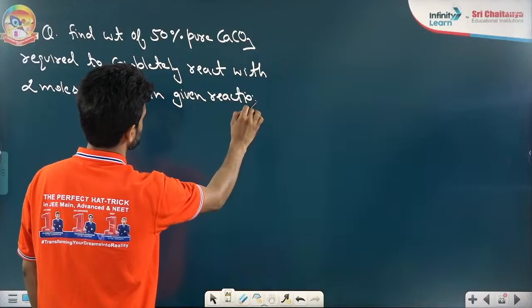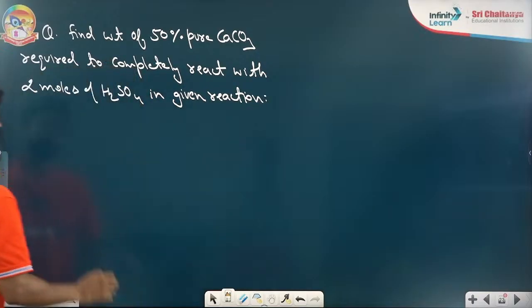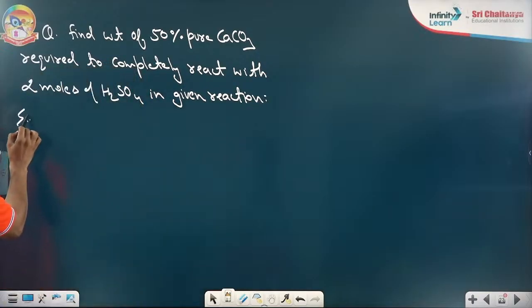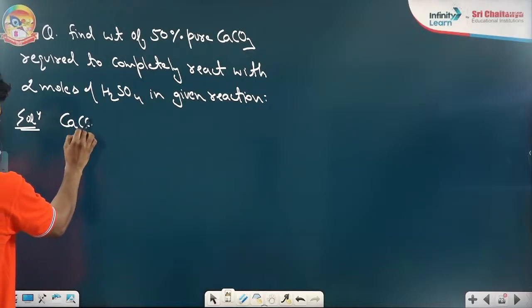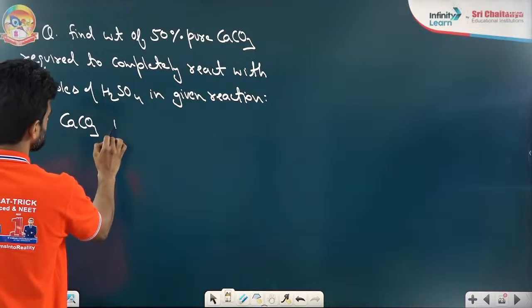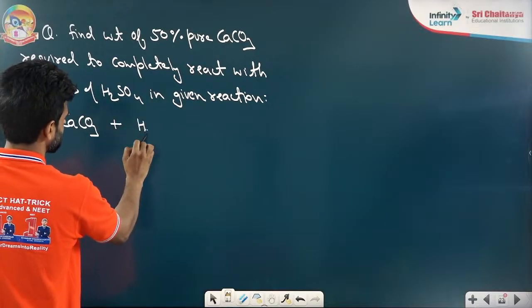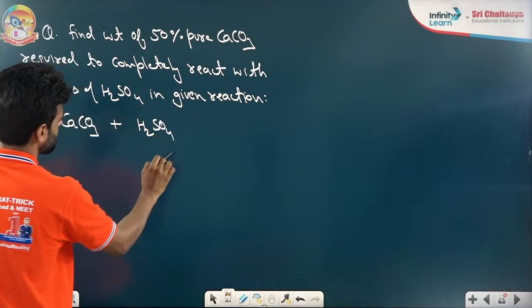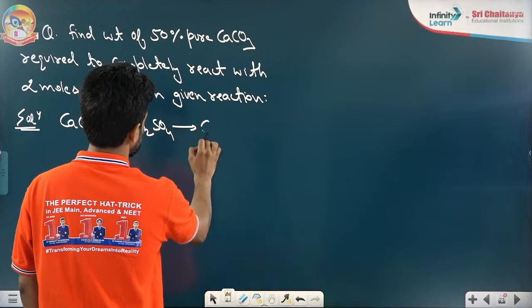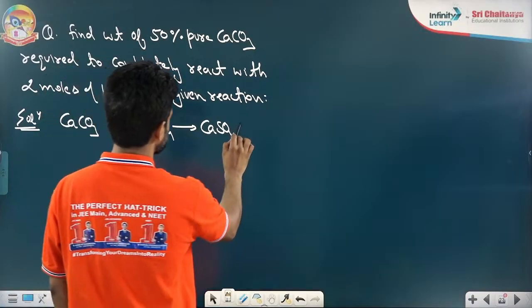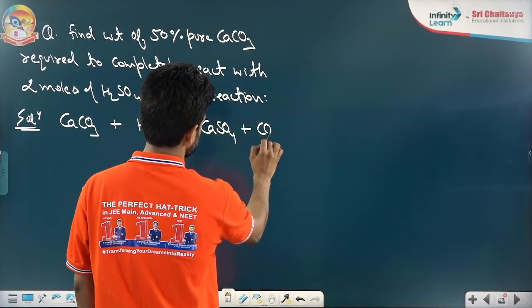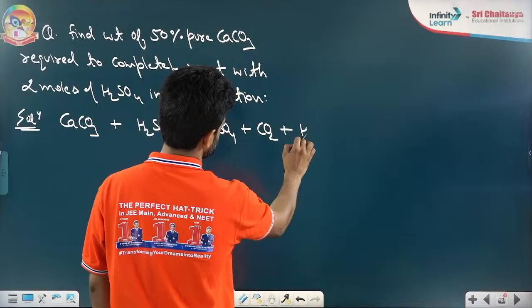Right? Definitely confusion can come in the reaction, so I'm writing the reaction. CaCO3 is reacting with sulfuric acid, giving you CaSO4 plus CO2 plus H2O, right?